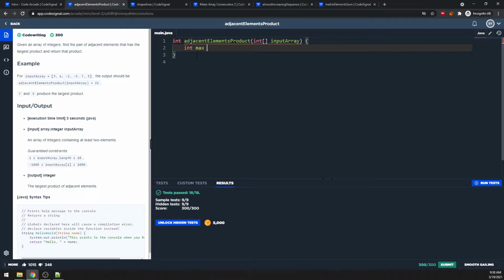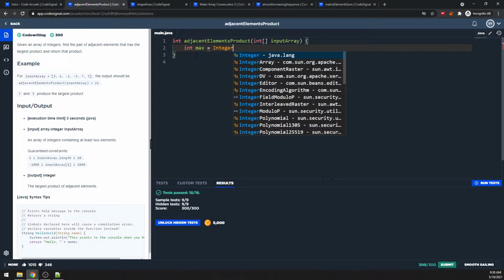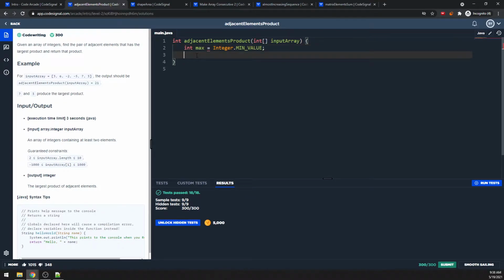So we initialize max to the minimum value, and we loop through the array, but we only start from index 1.